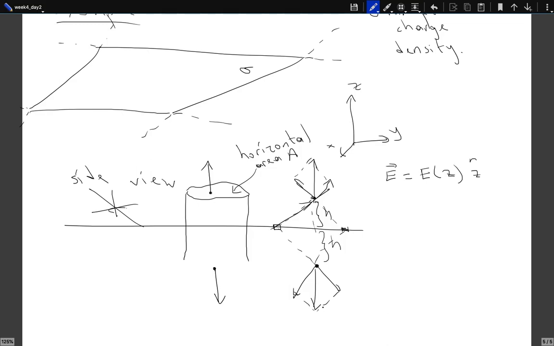So, we are now closing this closed surface, but I would rather use a Gaussian surface over which either the electric field magnitude is constant or the electric field vector is perpendicular to the area vector. On this surface, the electric field magnitude is constant. On the side surfaces, the electric field vector is perpendicular to the area vector. But now I have to close this surface by another area over which the magnitude of the electric field is constant.